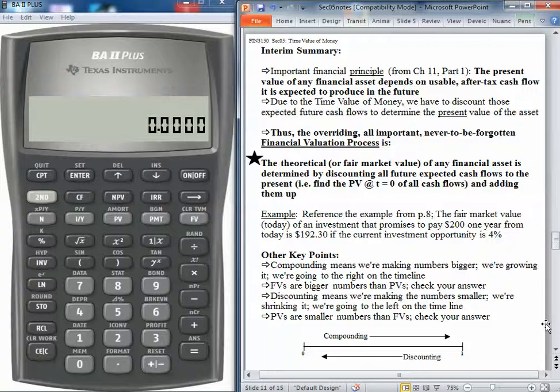Not all will agree on what those future expected cash flows are, but we all can agree on how they should be discounted. Now let's move on to other points where we'll be talking about ways that we can solve for other than just present and future value.